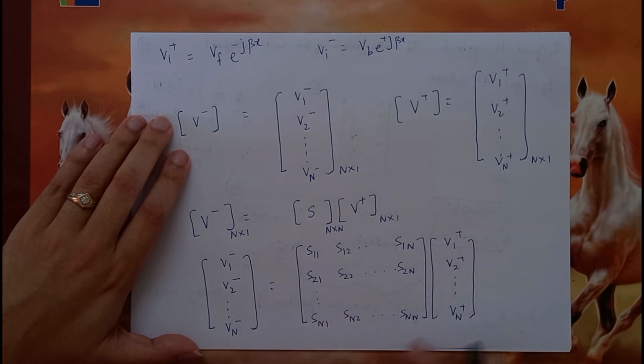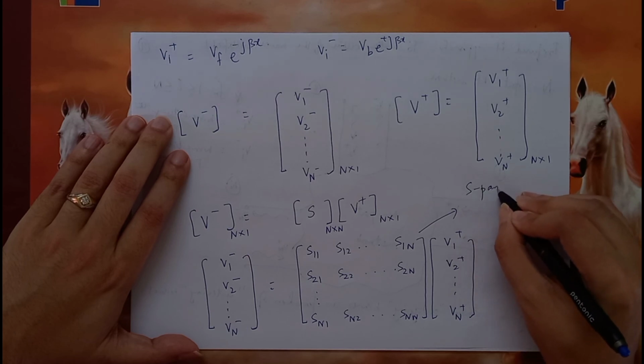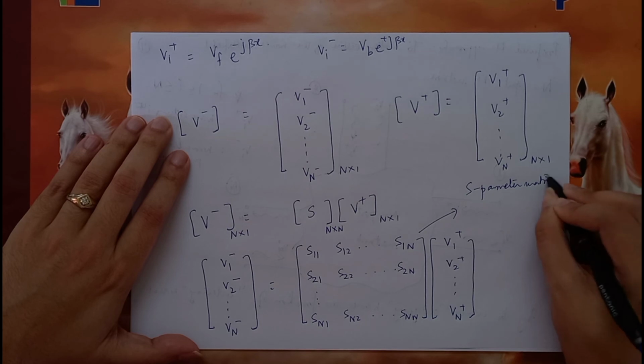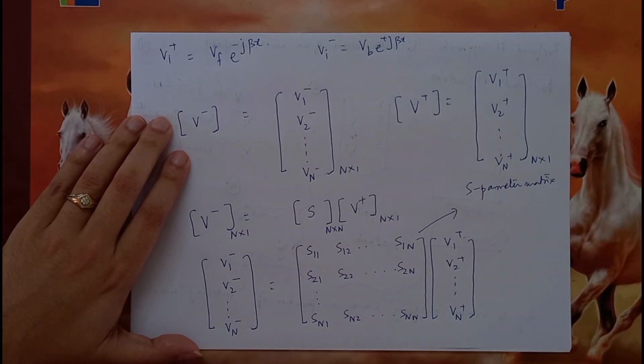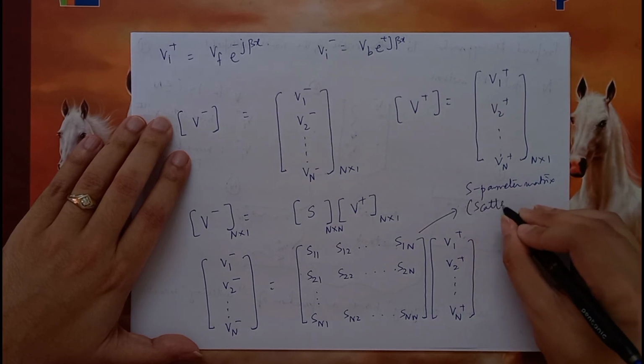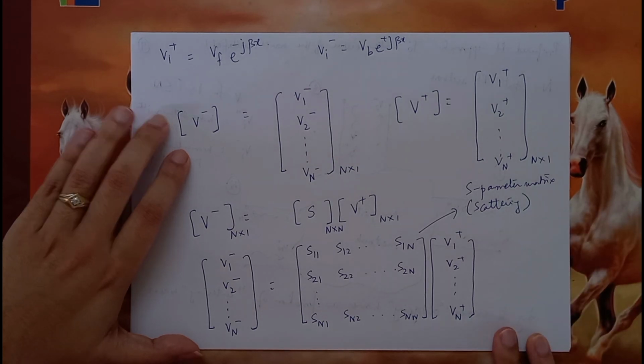So this matrix is called the S parameter matrix. Just like how we define Z parameters and Y parameters, whose size is n×n, where n is the number of ports, this matrix is called the S parameter matrix, or the scattering parameters. S stands for scattering.